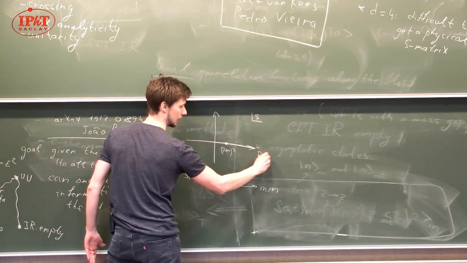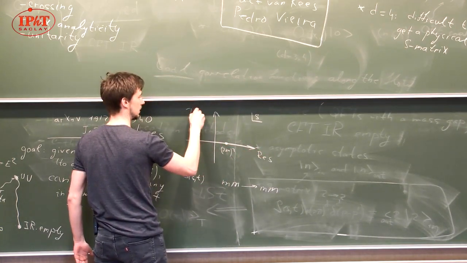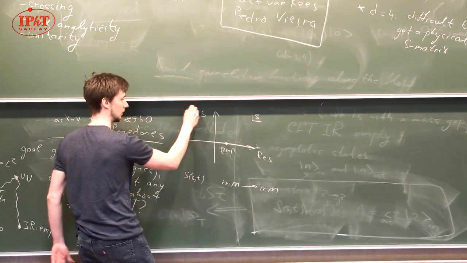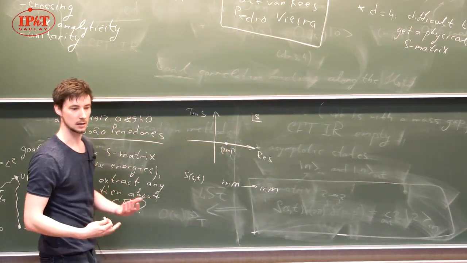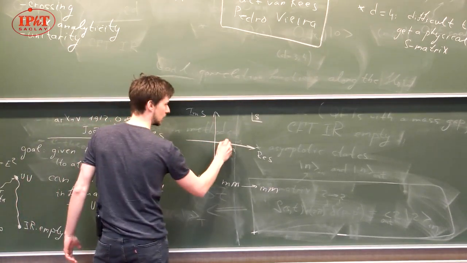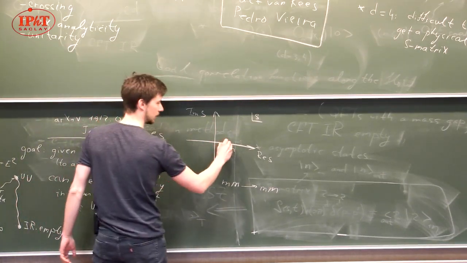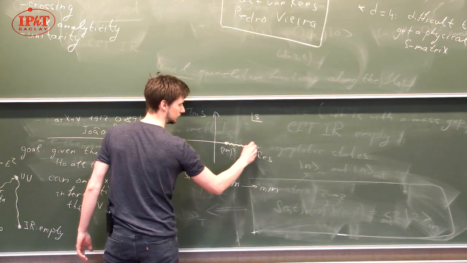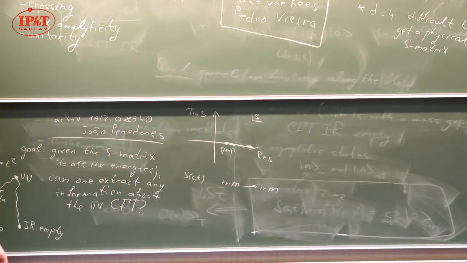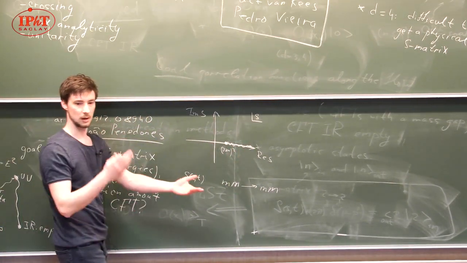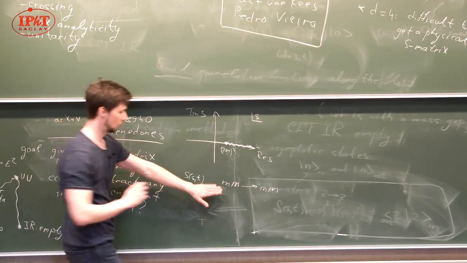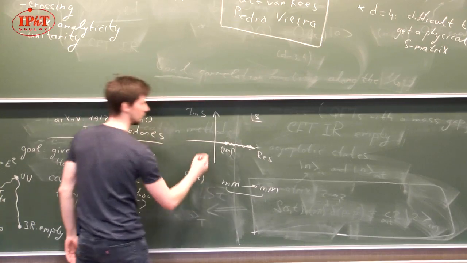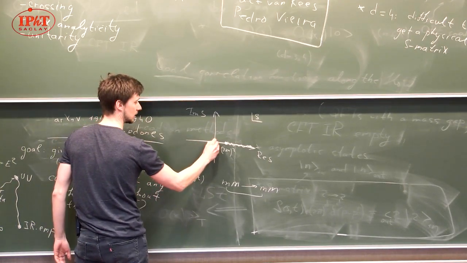So this is real S, this is imaginary. Unitarity requires you to have a branch cut here. And due to crossing, because you require the S matrix to be crossing symmetric under the permutation of particles 1 and 3, one can argue that there is another branch cut here.